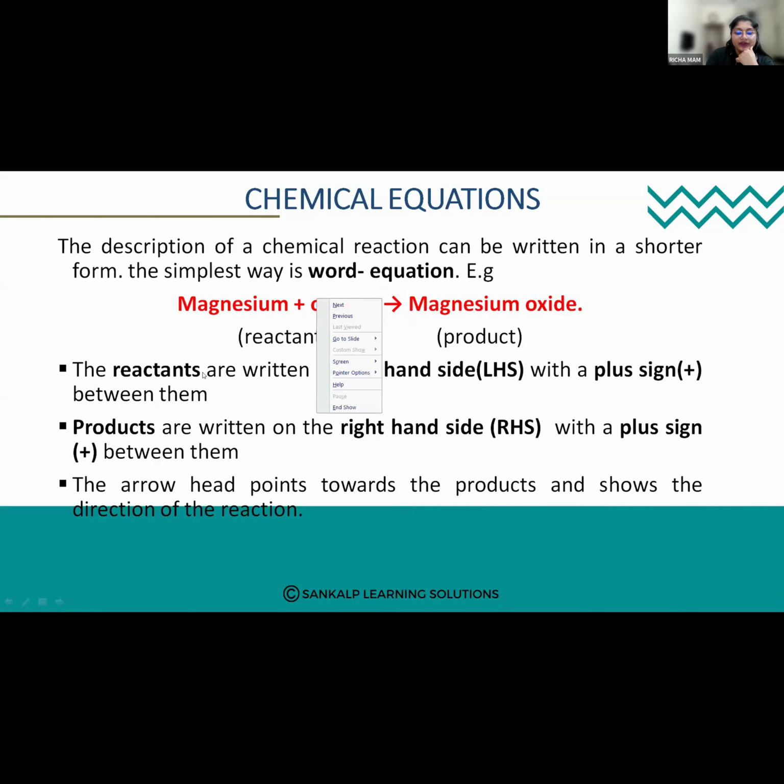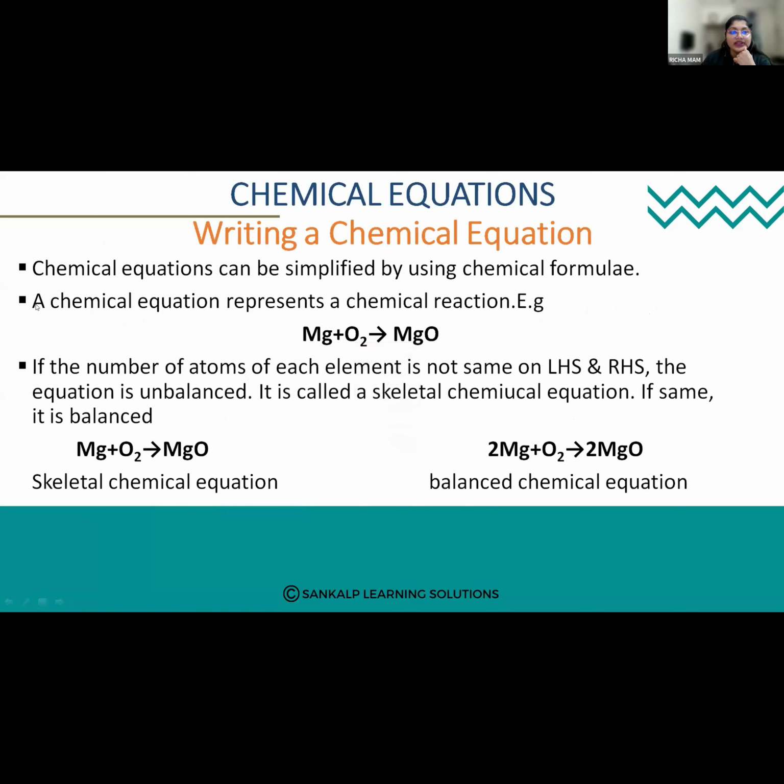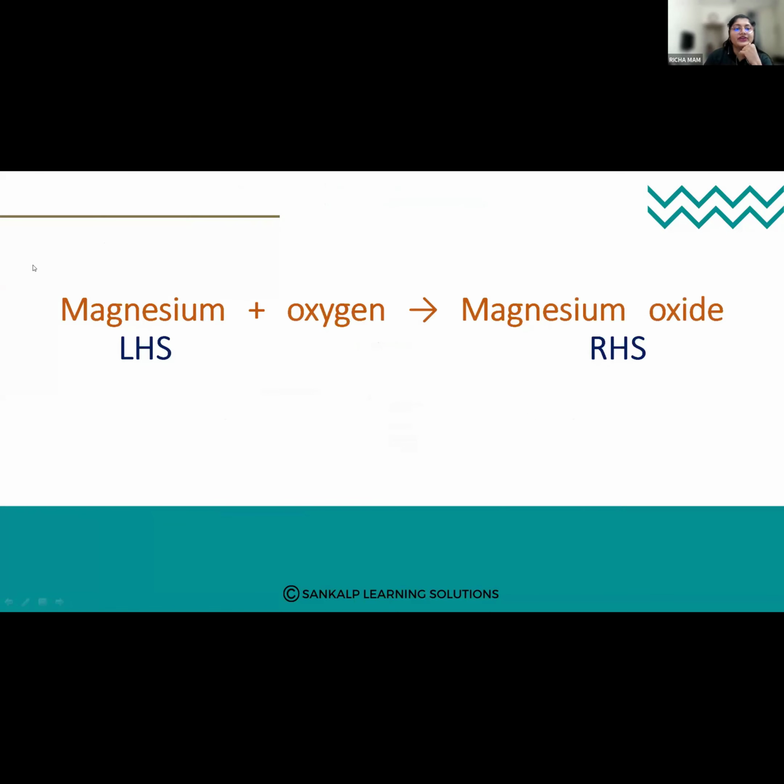So these are the reactants on the left hand side, and products on the right hand side. Now, how are we going to write the chemical equation? A chemical equation can be written by using the chemical formula. Here, magnesium is the word form. Now I want to write it in chemical equation form.